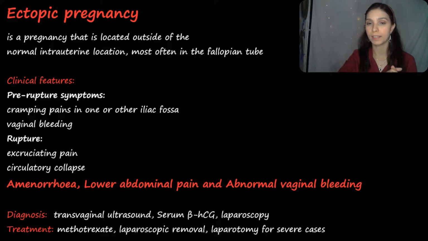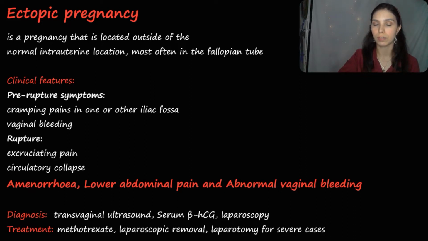Ectopic pregnancy is a pregnancy that is located outside of the normal intrauterine location, most often in the fallopian tube. Risk factors for ectopic pregnancy are previous PID, previous abdominal or pelvic surgery, IUCD use, which is an intrauterine contraceptive device, and in vitro fertilization.